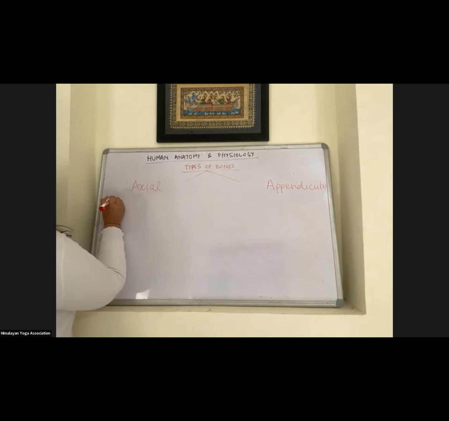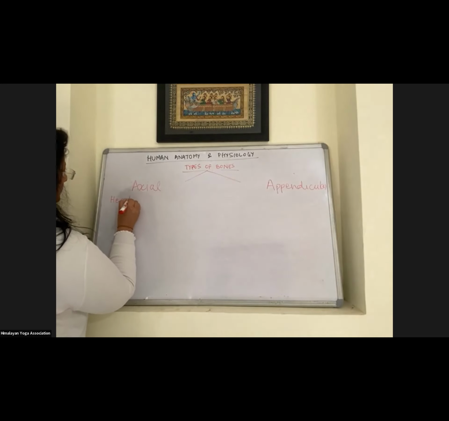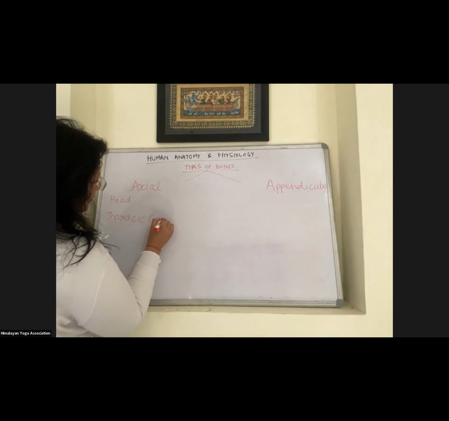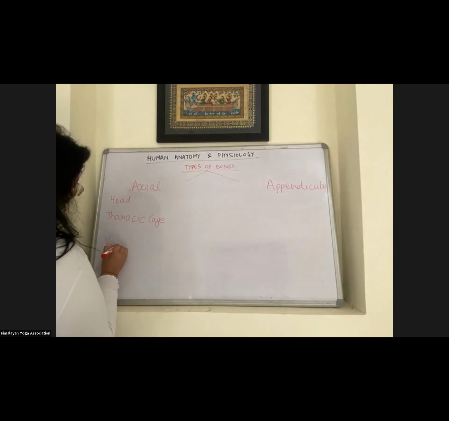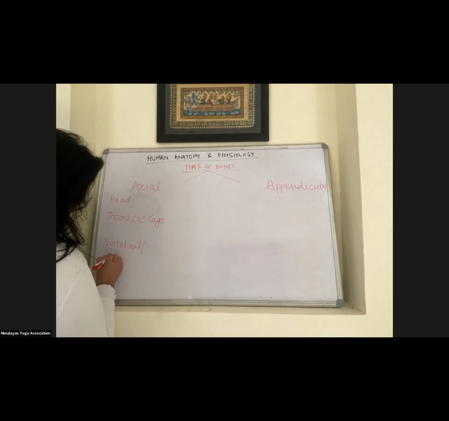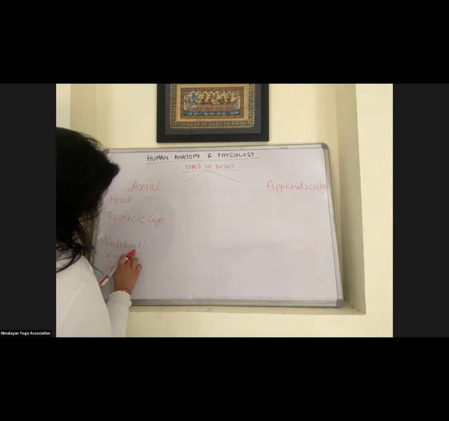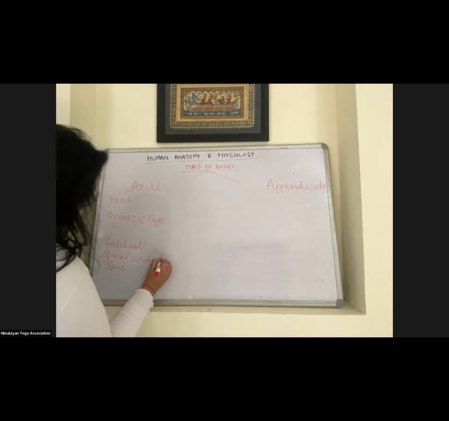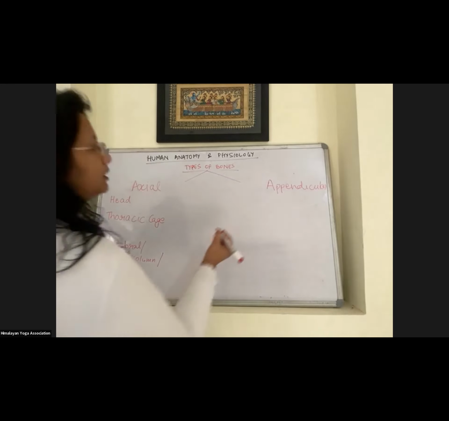In axial, we have the head, then the thoracic cage, then the vertebral or spinal column, or spine.